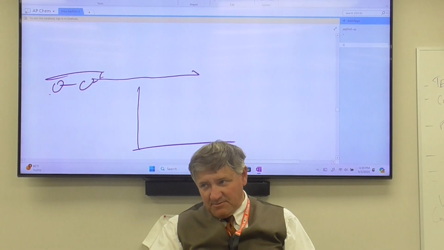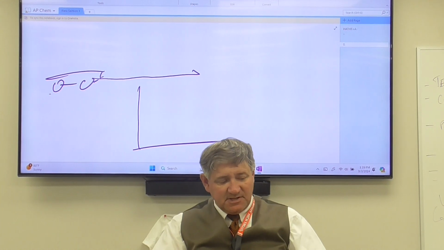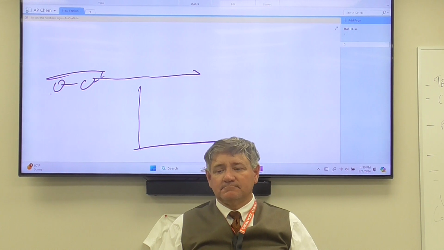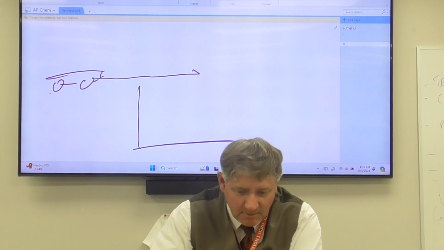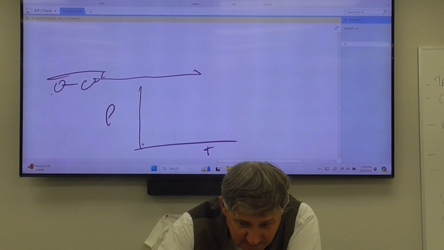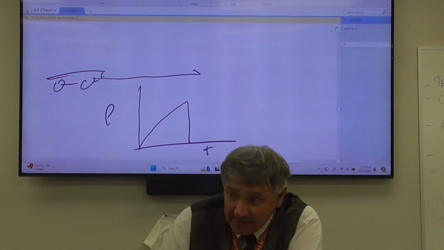This is going to be 0, where I let go of it. And we're going to have positive positions going this way. It's going to travel to the right, and as it reaches the stopping point, it's going to curve down very quickly. So this is a position-time graph, right? Yes.